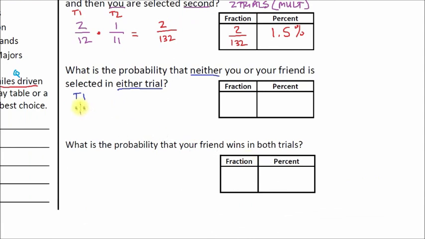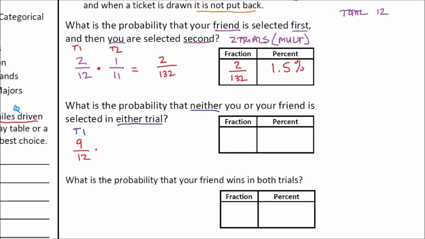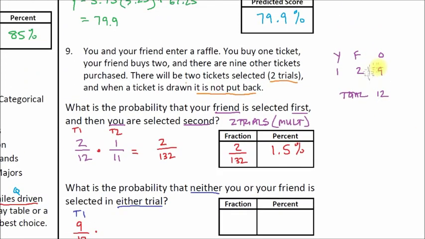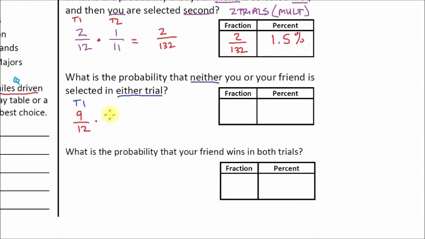So 9 of the tickets are not us out of 12 total. Now think about this, class. In the second trial, one of the other tickets was already picked. That means in the second trial, there's no longer 9 other tickets. Now there's only 8 left in trial number 2.